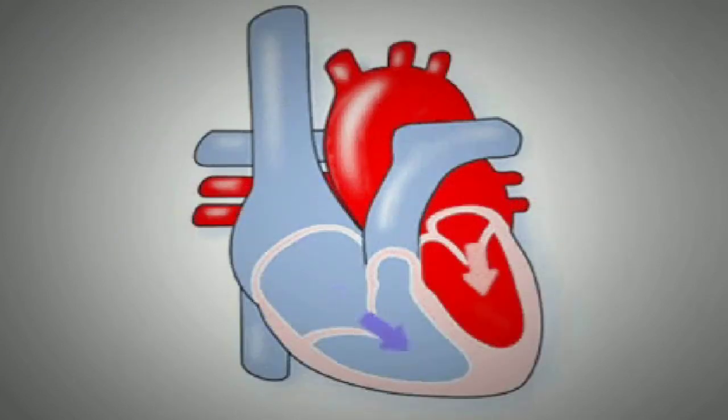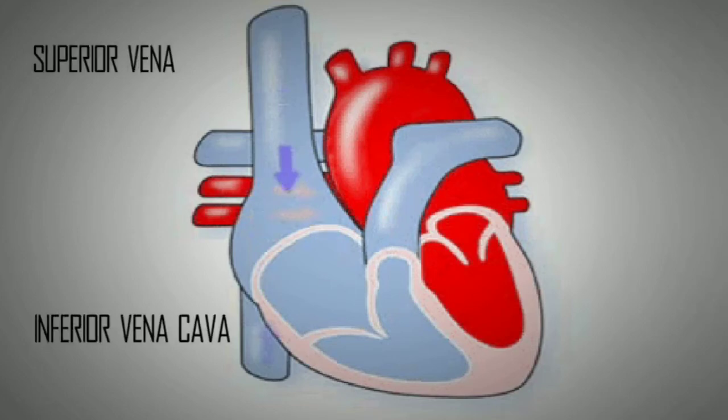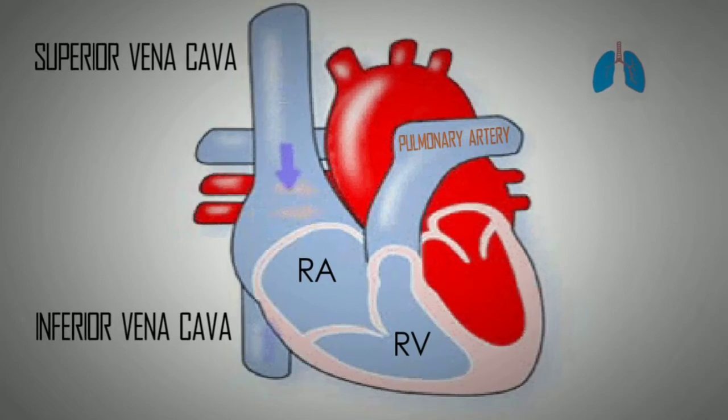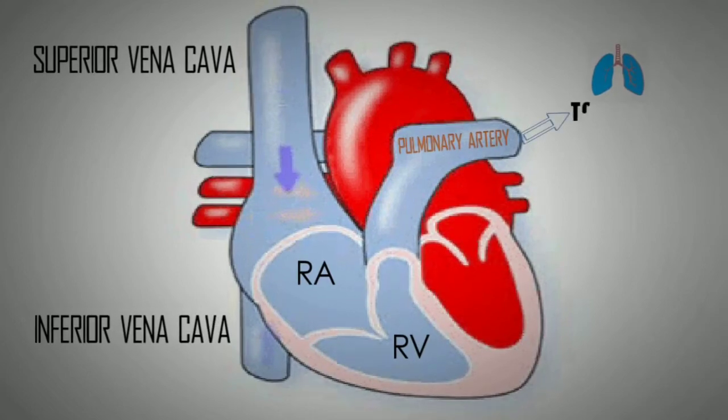Now let's check out the basic working of the heart. How exactly does blood move from the body to the heart or from the heart to the body? Actually, the inferior and superior vena cava pour the deoxygenated blood from the upper and the lower part of the body into the right auricle. Then it moves towards the right ventricle, and from the right ventricle, deoxygenated blood moves to the lungs through the pulmonary artery.